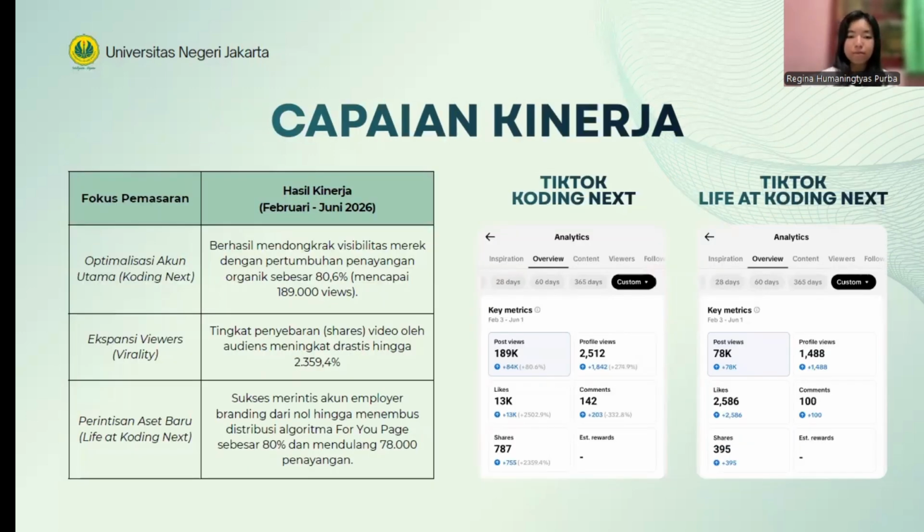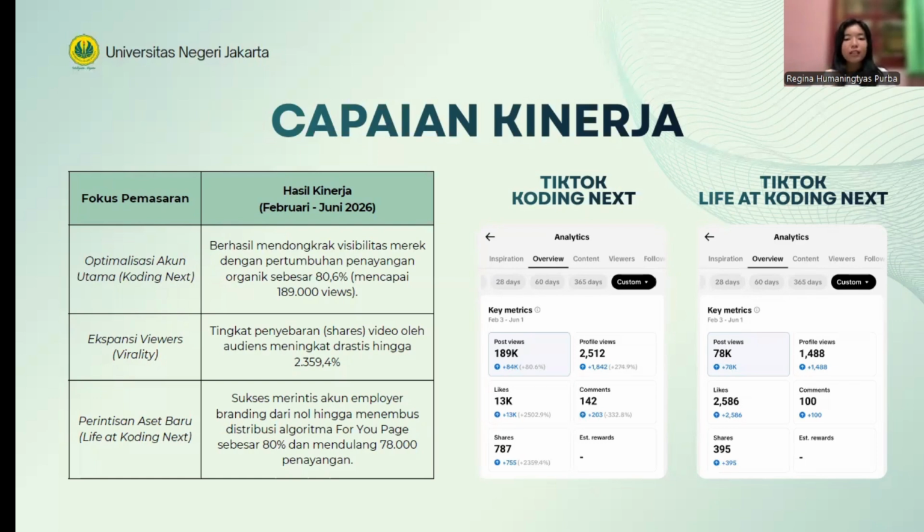And now for my favorite part, the result. Thanks to our consistent strategy, we saw massive growth between February and June. Here you can see organic viewership on the main account skyrocketed by 80.6%, hitting 189,000 views.